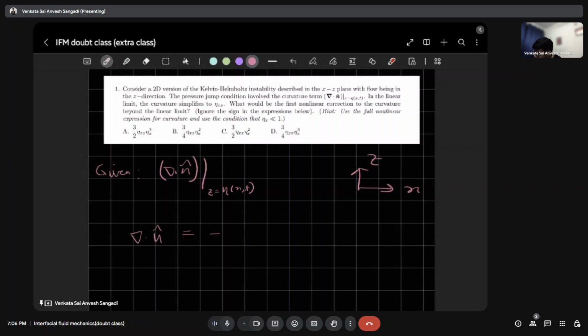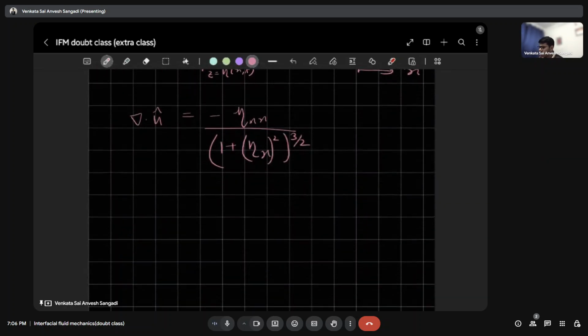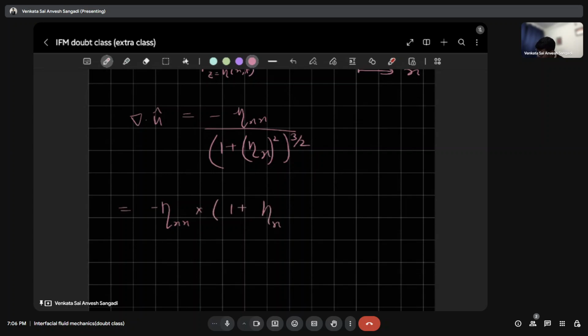So in this case it's eta xx by 1 plus eta x whole square, whole to the power 3 by 2. If we write this down, we arrange eta xx into 1 plus eta x whole square, whole to the power minus 3 by 2.